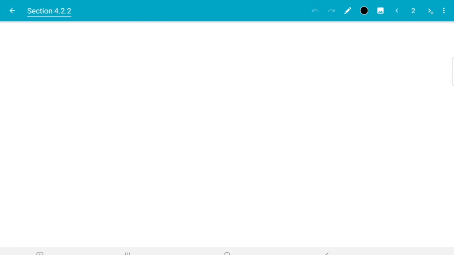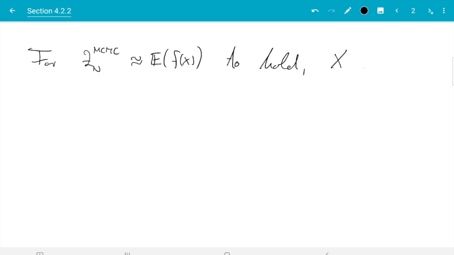The key thing to know is that for this to work, the Markov chain xj needs to explore all relevant bits of the state space. So where f is non-zero and where x can take values, the Markov chain must be able to go there. I write a bit informally here: x must visit relevant parts of the state space.